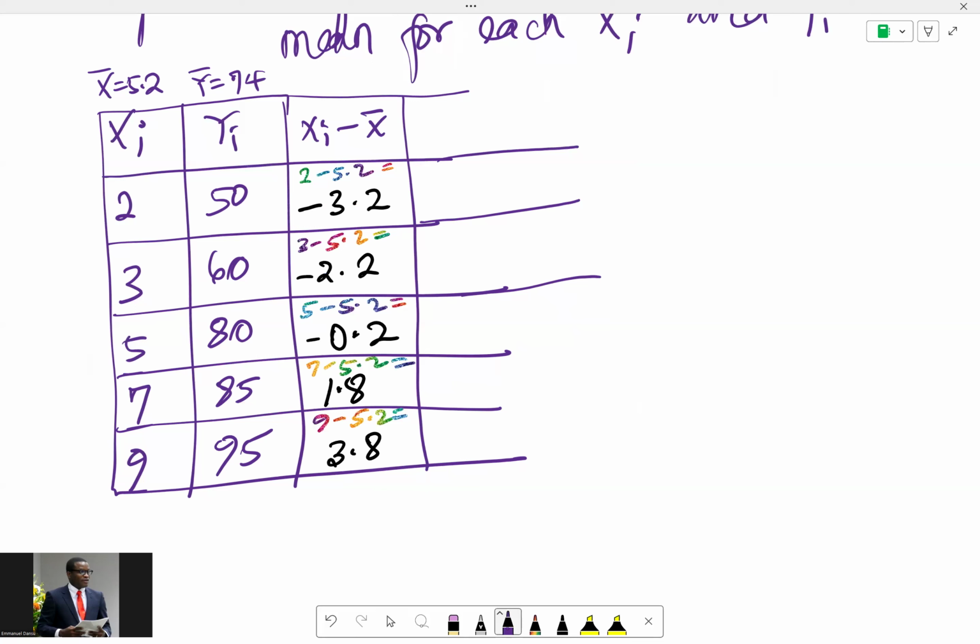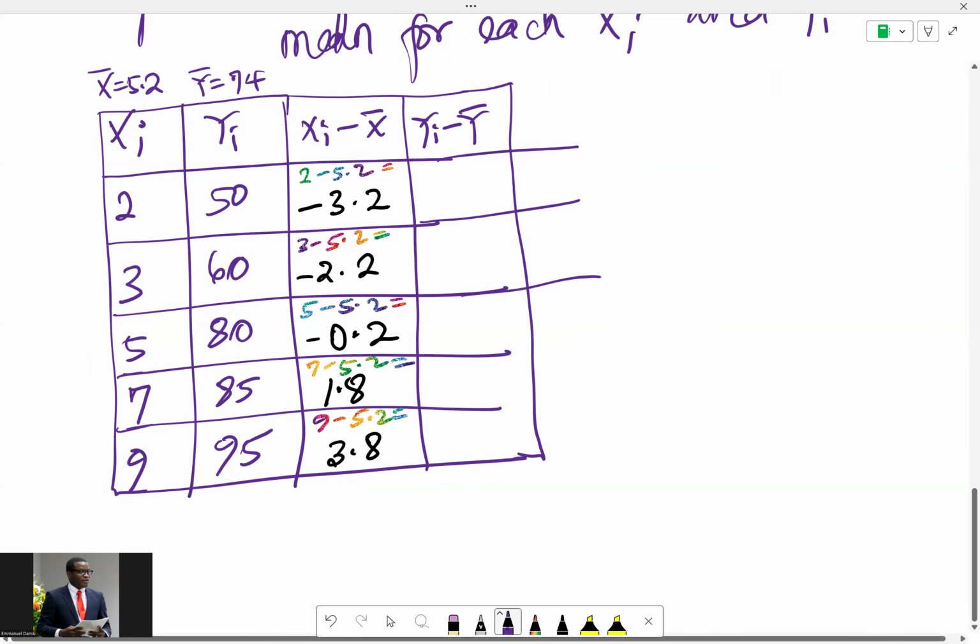So we go ahead again and we have yi minus y bar. Of course, the average is 74.